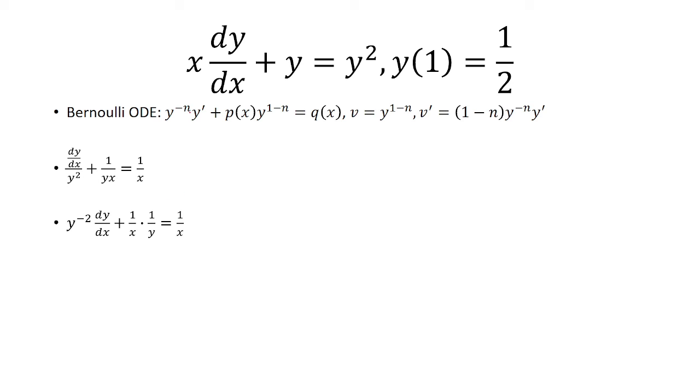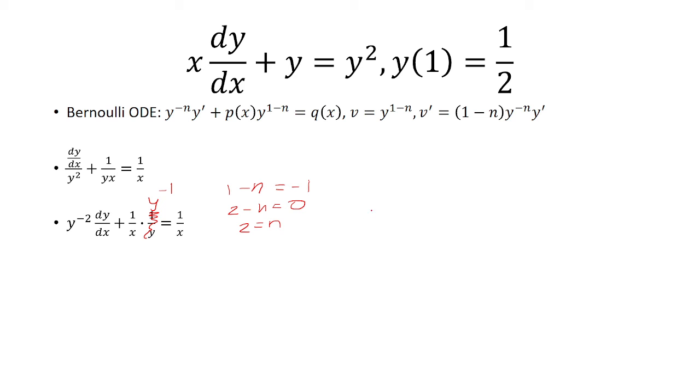And here, to get in this form, I should have said that this is y to the negative first power. So if you want to solve for n, that means you have to set 1 minus n equal to negative 1. And adding 1 to both sides, we get 2 minus n equals 0. So 2 is equal to n.